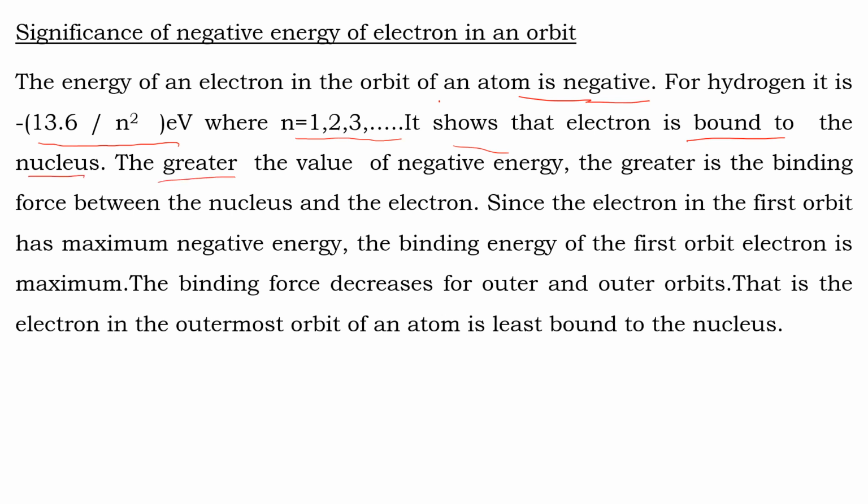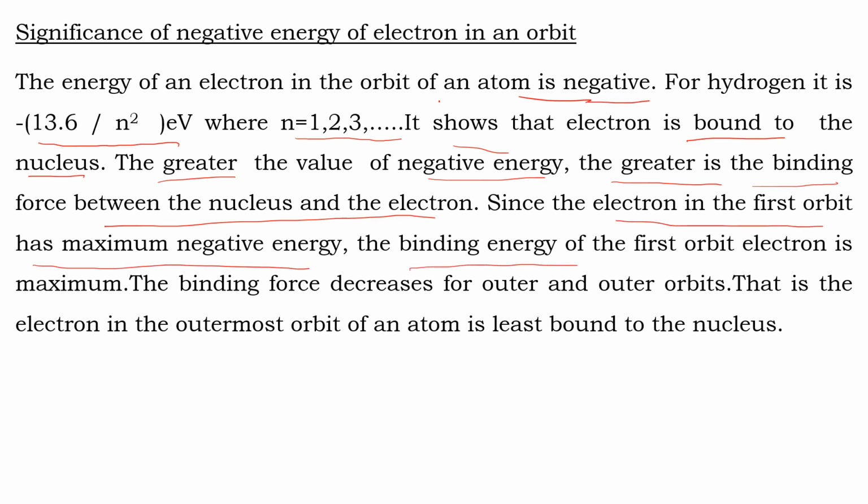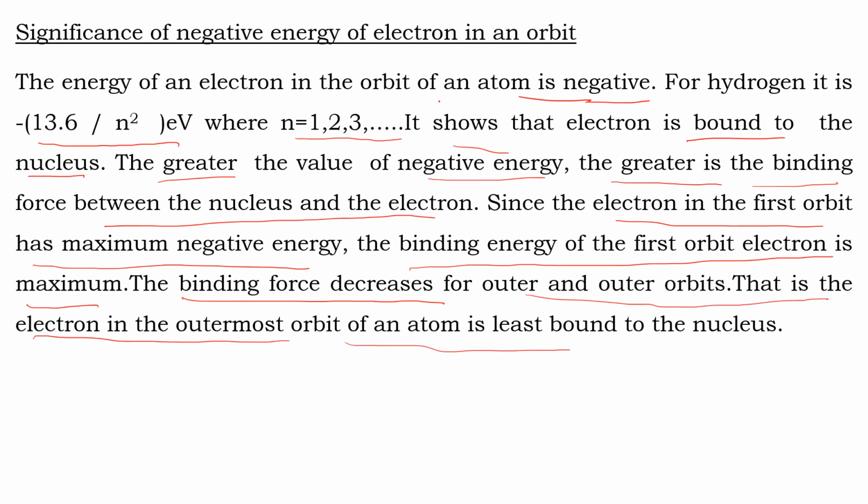The greater the value of the negative energy, the greater is the binding force between the nucleus and the electron. Since the electron in the first orbit has maximum negative energy, the binding energy of the first orbit electron is maximum. That is, the binding force decreases for outer and outer orbits. The electron in the outermost orbit of an atom is least bound to the nucleus.